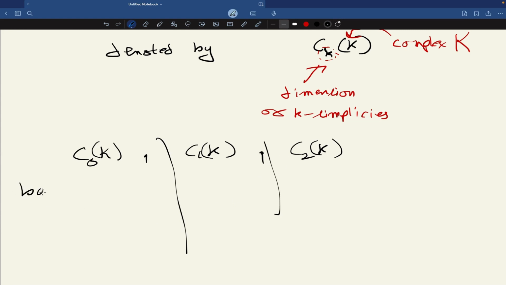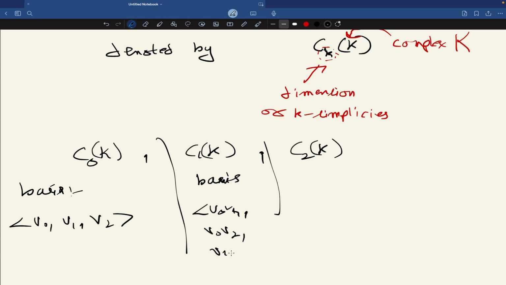Bases are v0, v1, v2, basically all the 0 simplices. In C1(K), what are my bases? Bases are v0 v1, that is one base, then v0 v2 and then v1 v2. So 3 bases I have in this C1(K) vector space. Similarly in C2(K), we have only one base, that is v0 v1 v2.